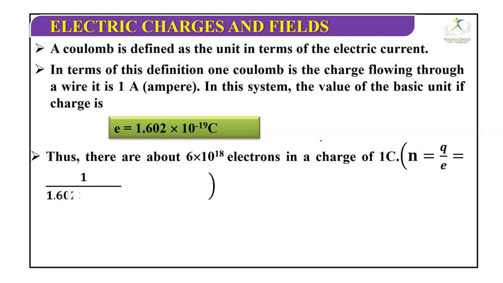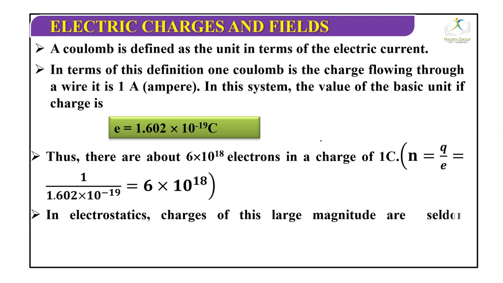Now, about the values: e is, as we know, 1.602 times 10 to the power minus 19. If we put this value in the equation n equals Q by e, we get the value of n, which is 6 times 10 to the power 18. It means in 1 coulomb, we have 6 times 10 to the power 18 electrons.